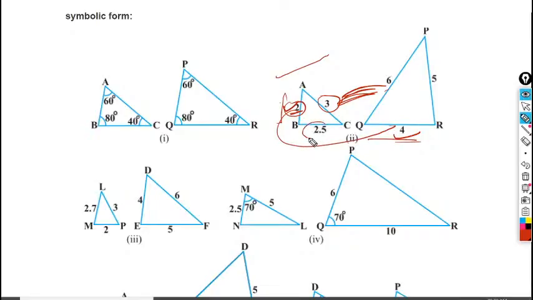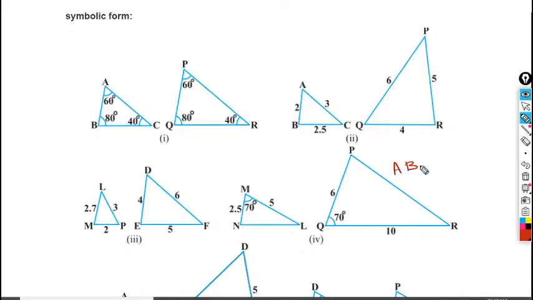Here you can see BC equal to 2.5 and PR equal to 5. That means 2.5 into 2 is equal to 5. So BC is corresponding to PR. You can write it. Here we will write AB equal to 2, QR equal to 4.